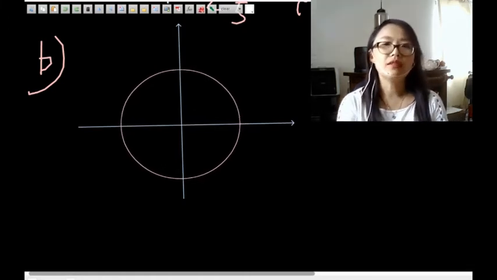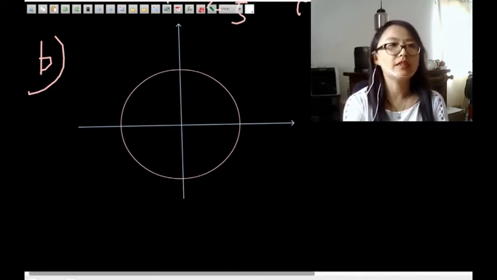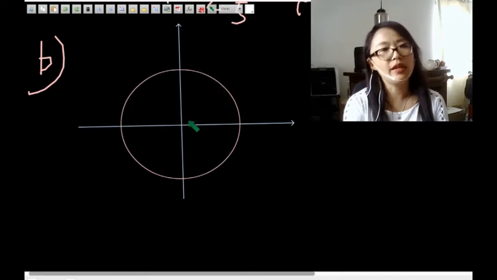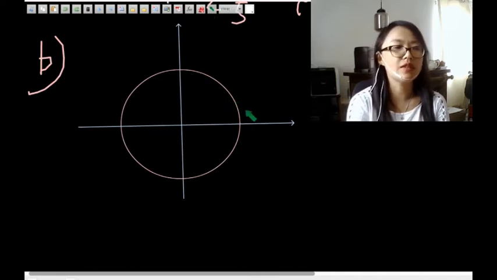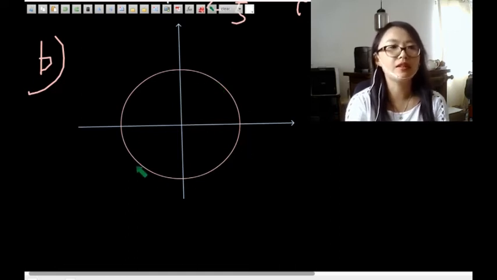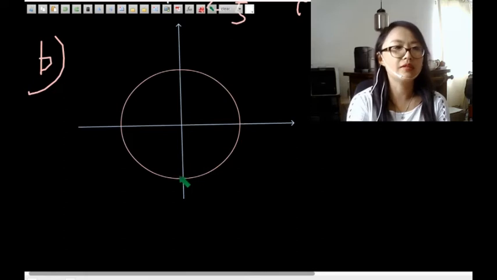This will just give us guidance on the magnitude, because like this, no matter where I draw the complex number, as long as it falls on the circumference of this circle, we know that the magnitude will be root 2, because all the points on this circle have the same distance to the origin.